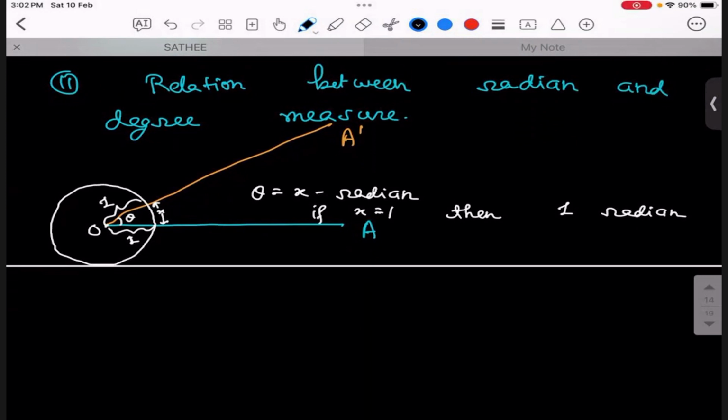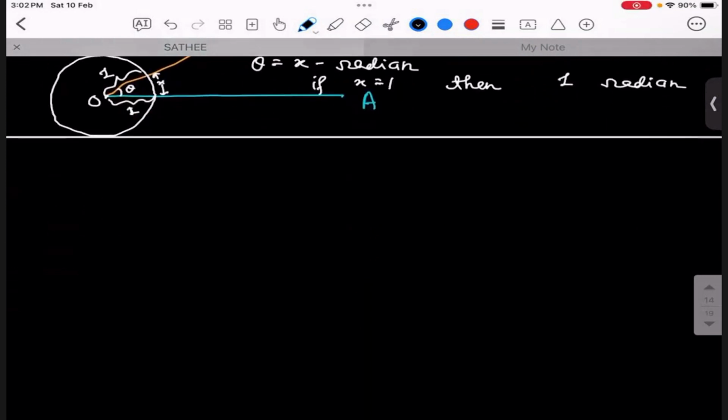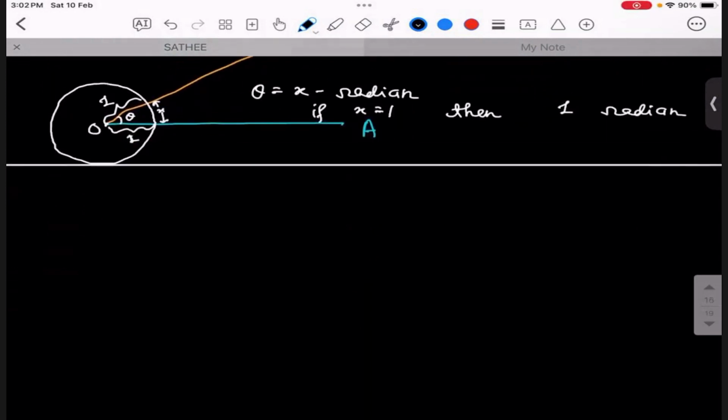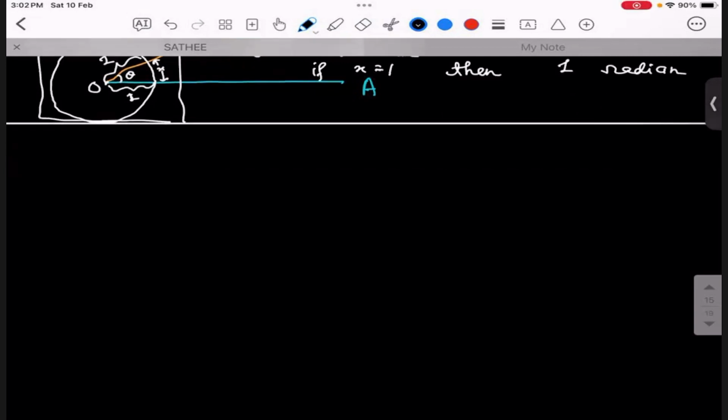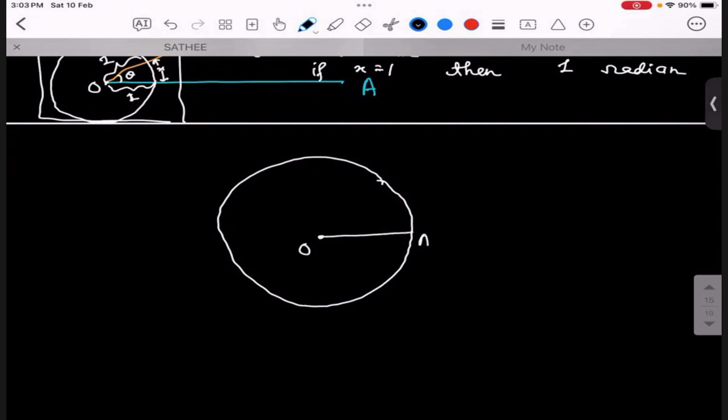Now let us zoom in on this portion. Suppose here is the unit circle, and this is the origin O or vertex. This is the initial ray, call it OA.